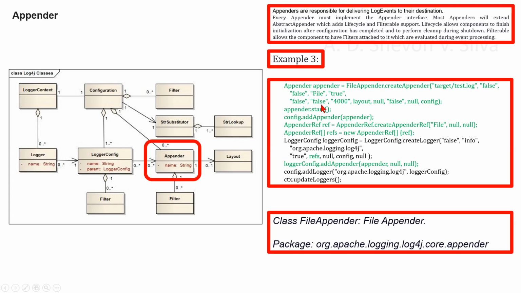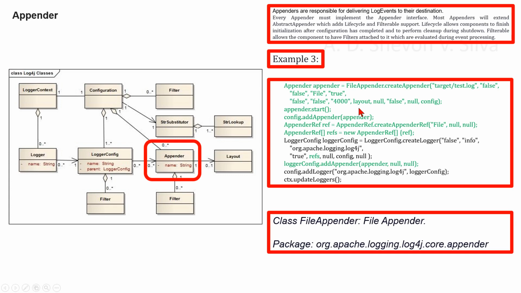Buffered IO, true if the IO should be buffered, false otherwise. Buffer size, buffer size for the buffered IO. Layout, the layout used to format the event.